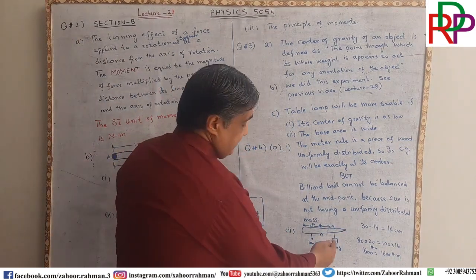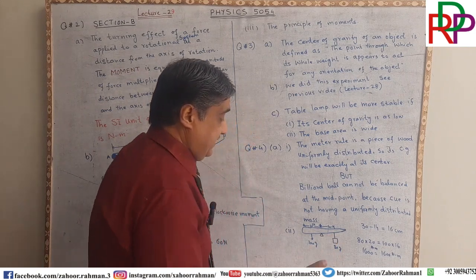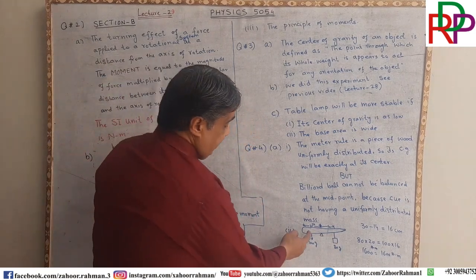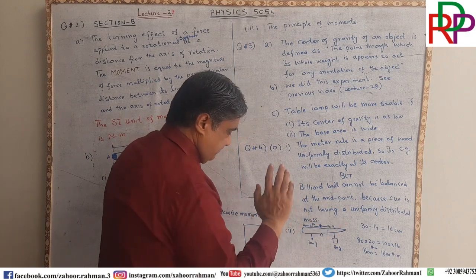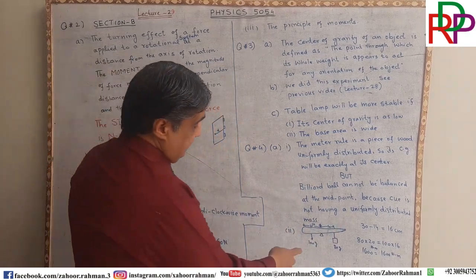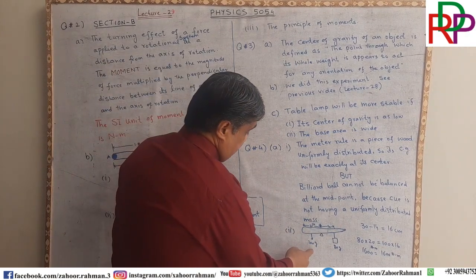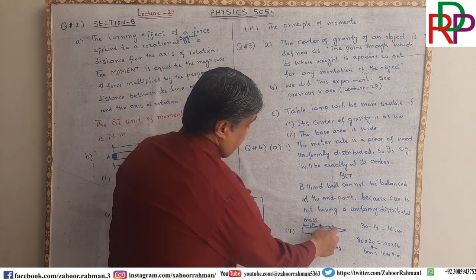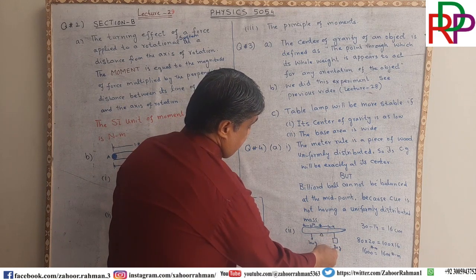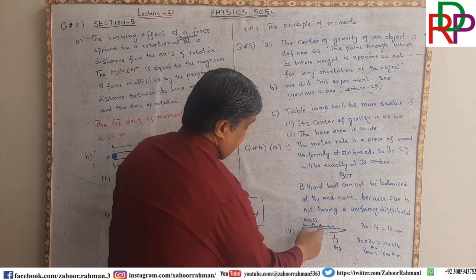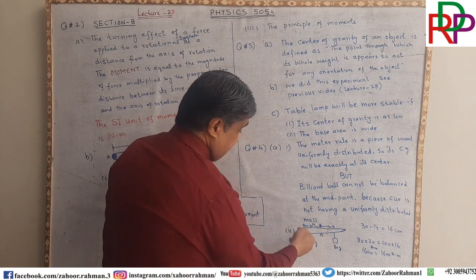On one side there is a mass of 80 gram and the weight of this mass of wood is 100 gram. So the middle point is 20 from this side and it is 30 on this side.